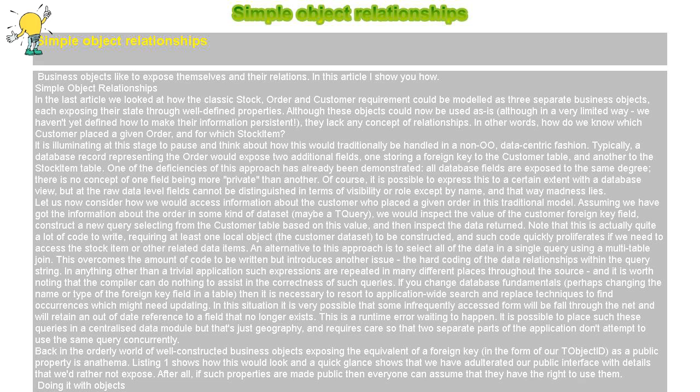Listing 4. Our new TOrder.Customer accessor function. function TOrder.GetCustomer: TCustomer; begin Result := TCustomer(GetObject(TCustomer, fCustomer, fCustomerID)); end. Next in series.